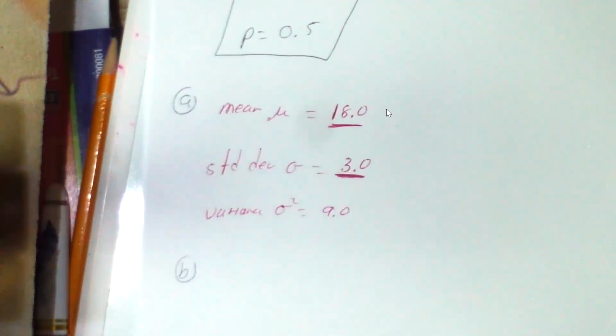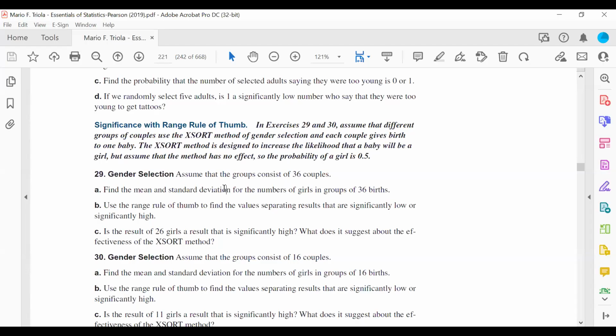And I think B is asking, let's see what it's asking: use the range rule of thumb to find the values separating results that are significantly low or significantly high. So this one's asking what is the max value and what is the minimum value. You'll recall the formulas for min and max.